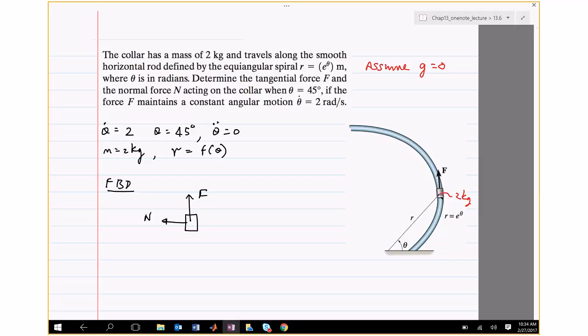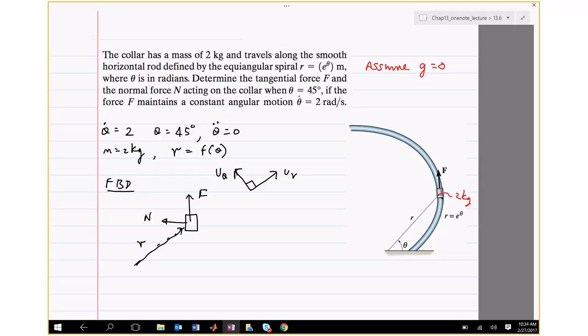Okay, so this is r. So this is going to be u_r and u theta. Okay, so the question is then, this force is not acting in either the u_r or u theta direction, right?